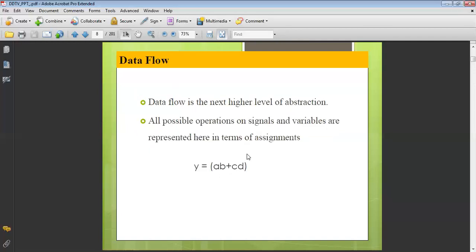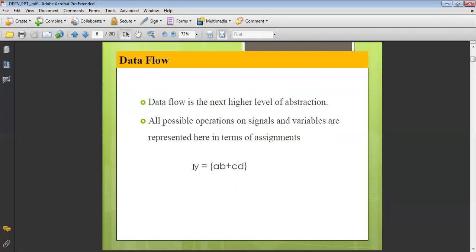And the next one, our third type of description, is known as the data flow description. This data flow is the next higher level of abstraction present in our Verilog language. In the case of the data flow description, all possible operations on signals and variables are represented in terms of assignments.